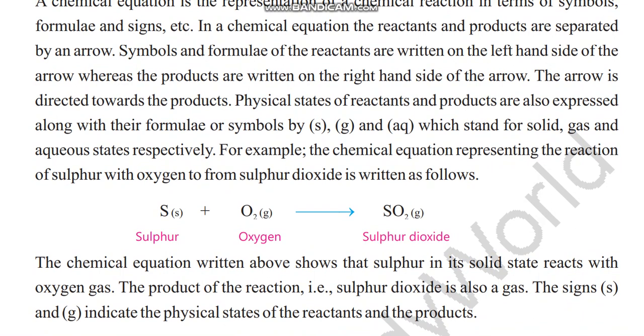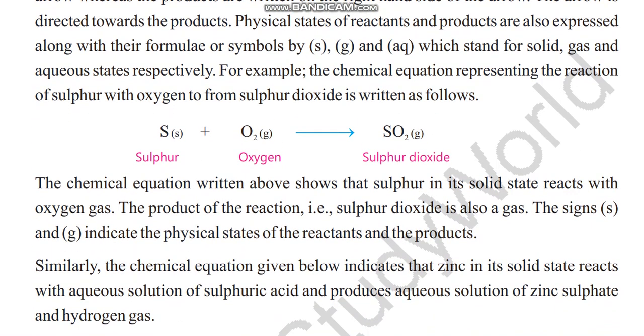The chemical reaction written above shows that sulfur in its solid state reacts with oxygen gas. The product of the reaction, sulfur dioxide, is also a gas. The signs S and G indicate the physical state of reactants and the products.